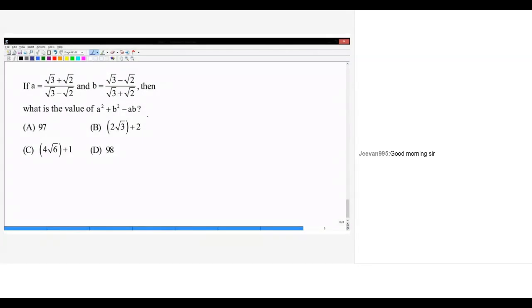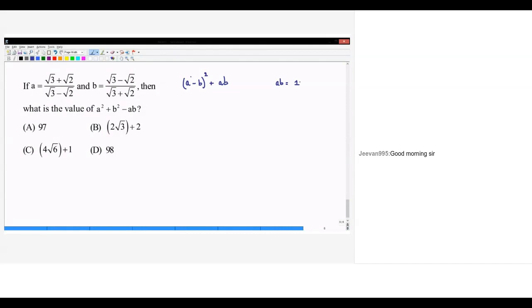See here. I can also write it as A minus B whole square plus AB, right? And we know that AB is 1.